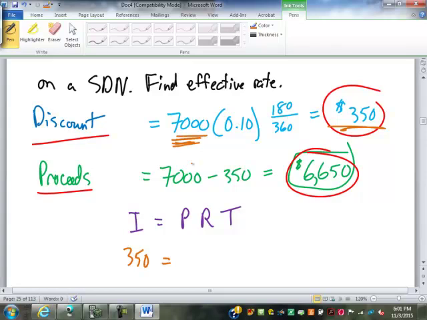Say no. No. It's going to be the amount that you actually receive, which is $6,650, the proceeds. Now, R is the rate. That's what we're looking for. T, the time, that doesn't change. That's still 180 over 360.